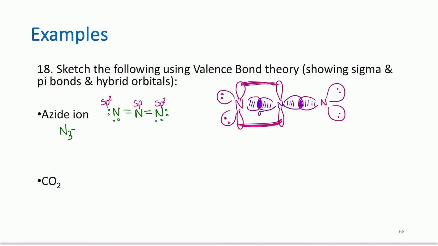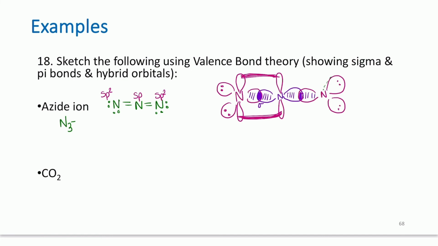But the other nitrogen also has an unhybridized p orbital, which goes, this one's supposed to be behind the board. This one's in front of the board. The central nitrogen, being sp, means I have 2 unhybridized p orbitals. So this is overlapped behind the board. This is overlapped in front of the board. So that central nitrogen actually has 2 different double bonds.